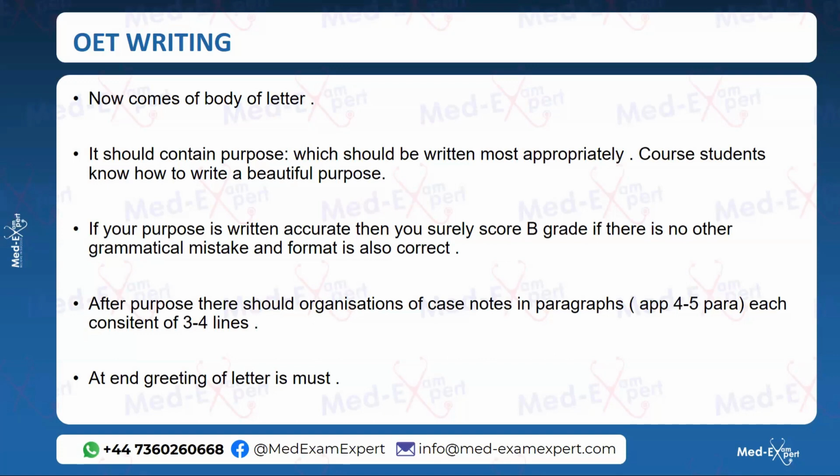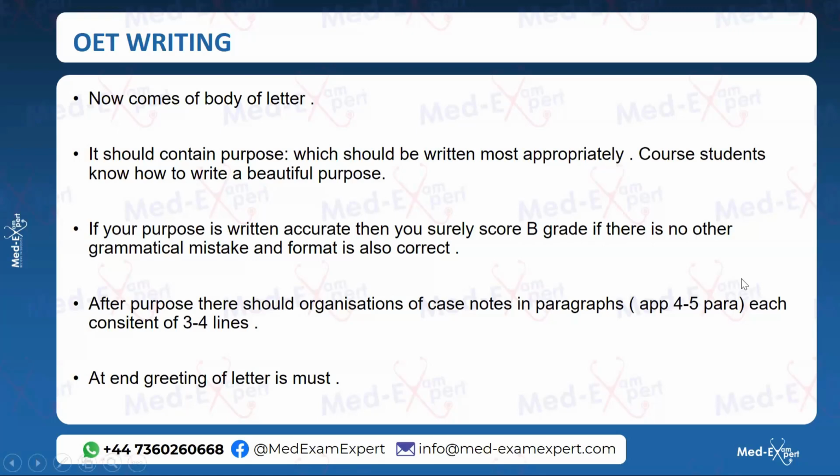So I think now you may understand the importance and the significance of purpose in OET letter writing. You have to start the body of the letter from the purpose of the letter, and the purpose should be accurately written. And definitely our core students know how to write a beautiful purpose. If your purpose is written accurately, then surely you score grade B, if there is no other grammatical mistake and the format of the letter is also correct.